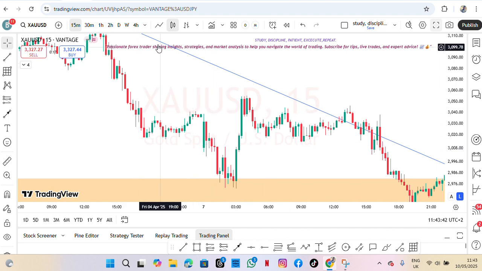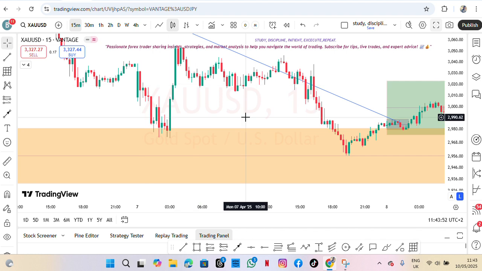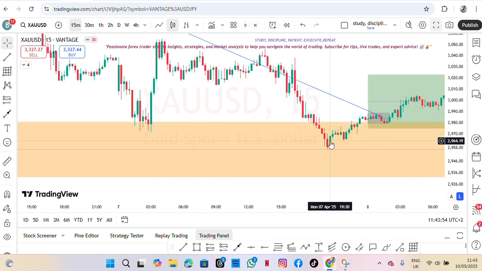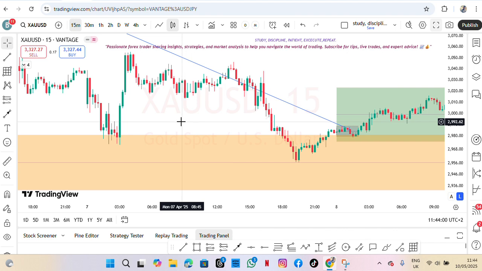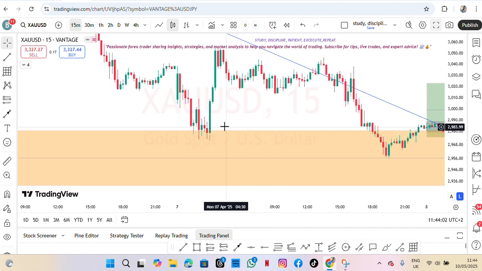So until you learn to use a higher time frame, like 2 hours, 1 hour, daily, weekly, or 4 hours, to do your analysis, you cannot identify all these types of zones that you can draw on the market. That is why they call this area a point of interest in the market.